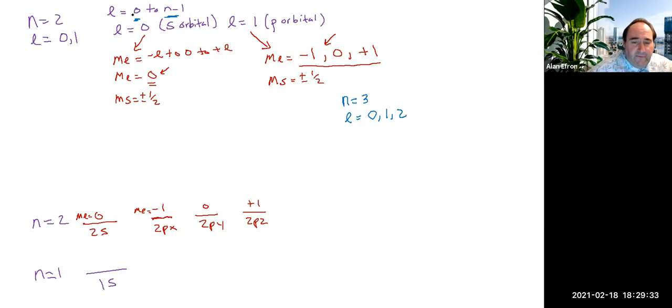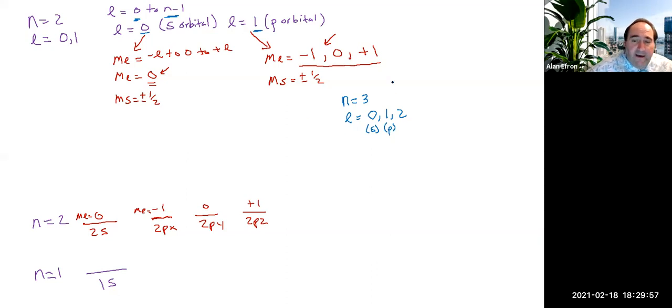So obviously we've already talked about that when you have an L value of 0, that represents an s orbital is present on that energy level. So we would expect obviously an s orbital to be there on the third energy level. Just like we just saw, when we have a value of 1 for L, represents a p orbital. So on that third energy level, we would expect to see p orbitals.